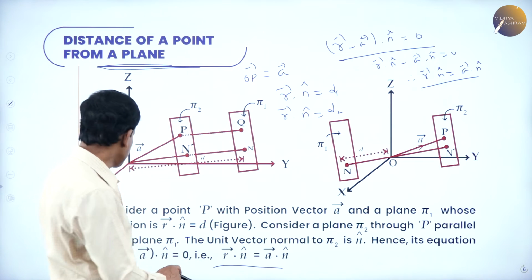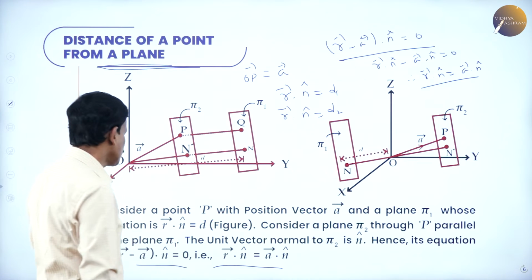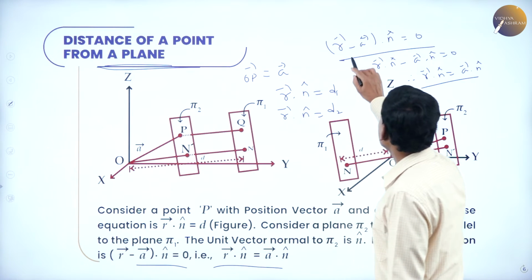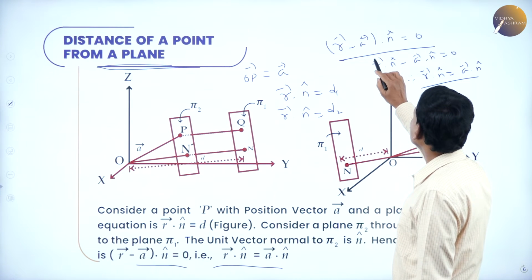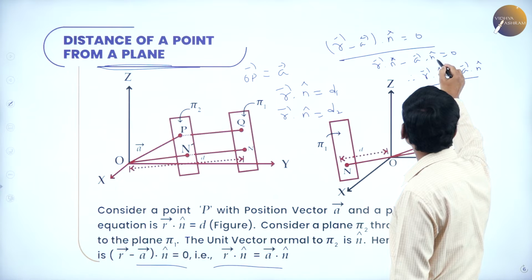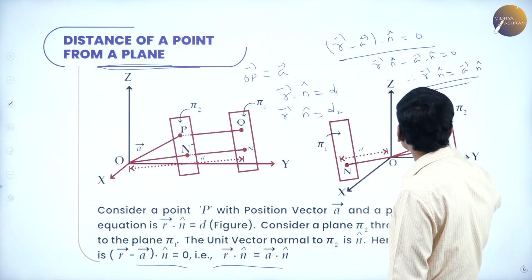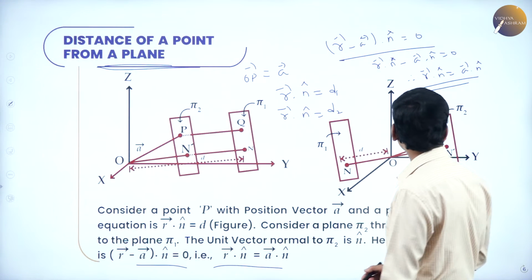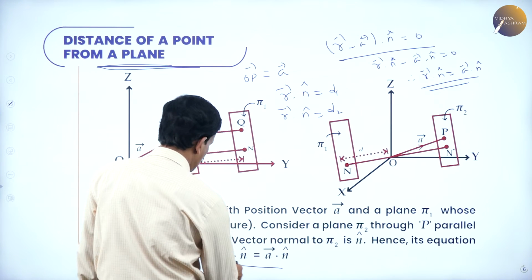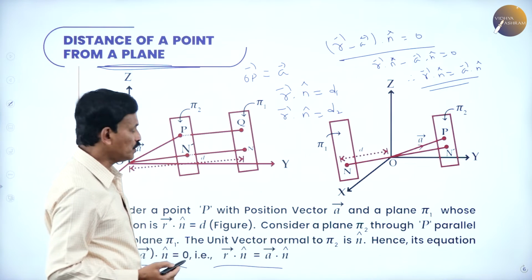So the equation is vector r minus A dot n cap is equal to 0, that is r dot n cap minus vector A dot n cap is equal to 0, which implies r dot n cap is equal to a dot n cap.